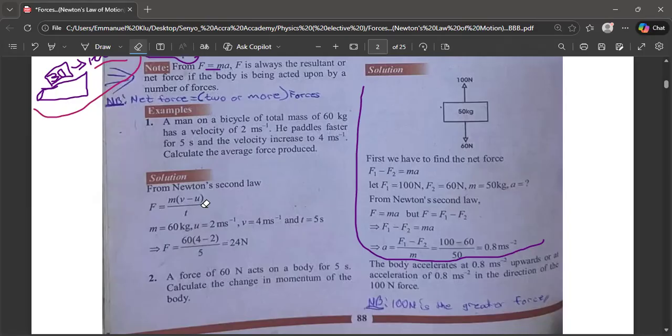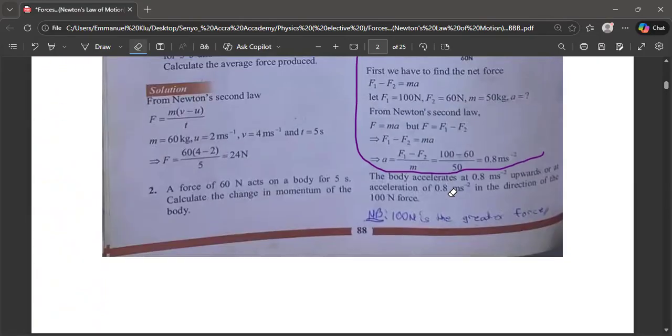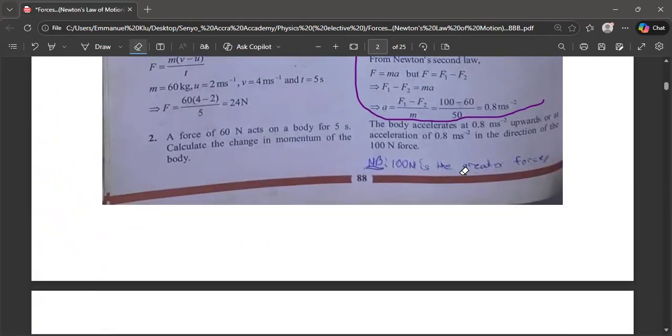Calculate the average force produced. It's just substitution: you use the formula, and if you fix everything into it, you will get the answer. But we've already discussed this one.